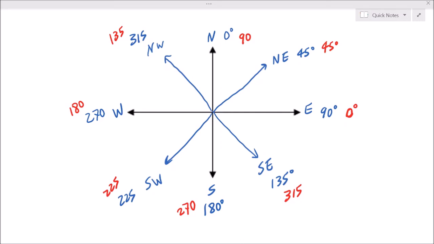So again, the blue is the bearings, the red is what those equivalent angles are under our previous way, under the normal mathematics way of describing direction angles.